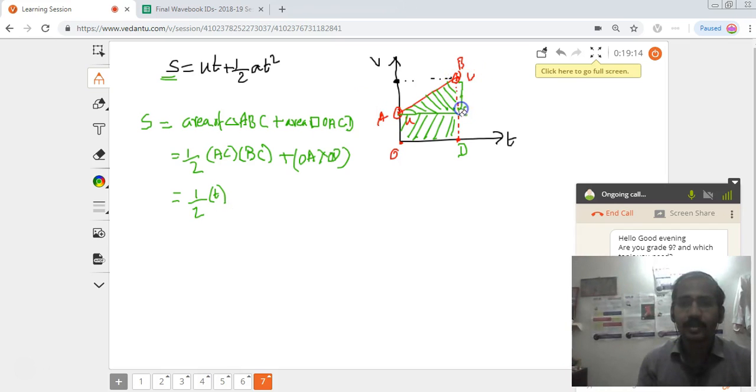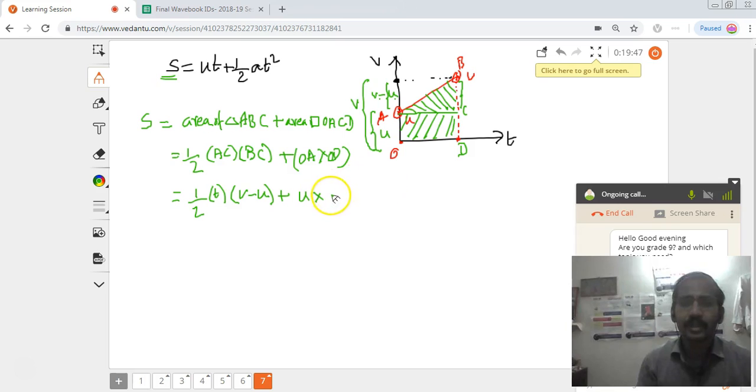Now this BC value, both are opposite sides. From here to the origin, that is the final velocity v. From here to here, that is u. What about this distance? v minus u. So BC is also v minus u. Plus OA value u, OD value time t. Now half into t into v minus u, plus ut.